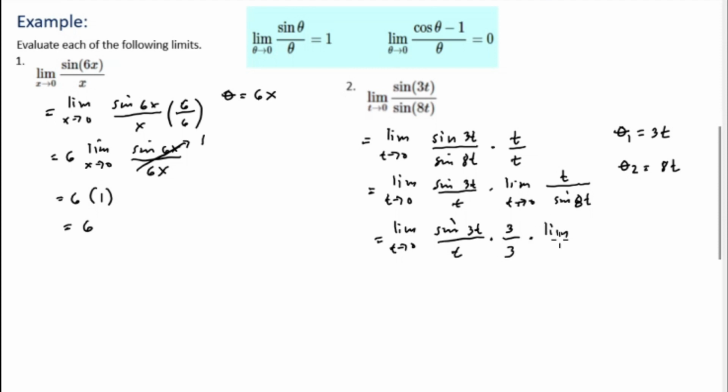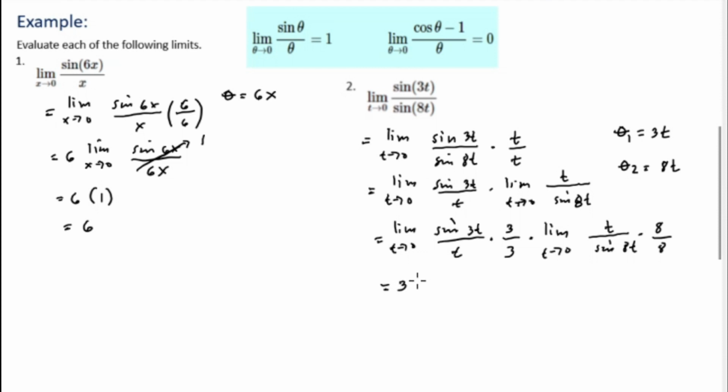And the limit for t approaches 0 of t over sine of 8t, we multiply by the theta 2 constant, which is equal to 8, or 8 over 8. We need to extract the value 3 for the numerator.